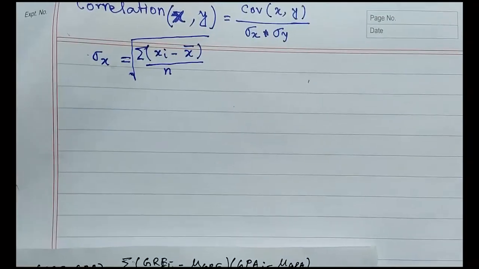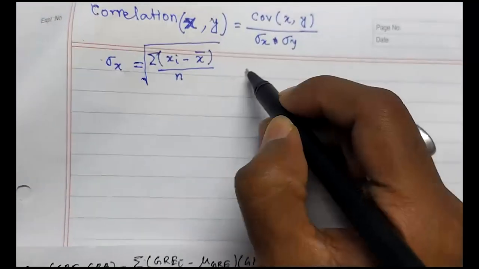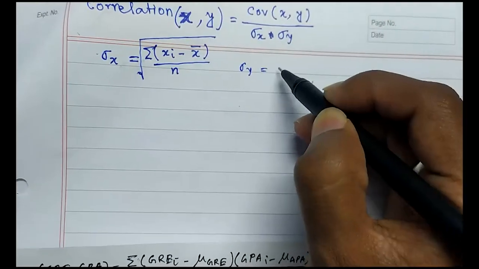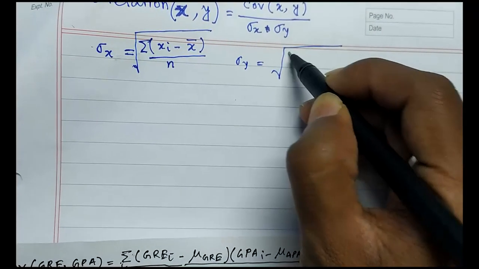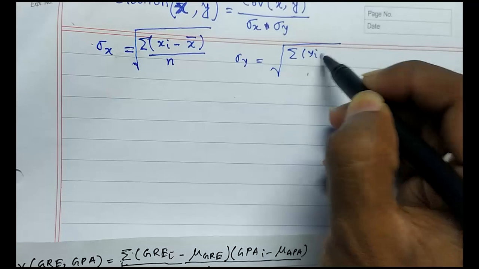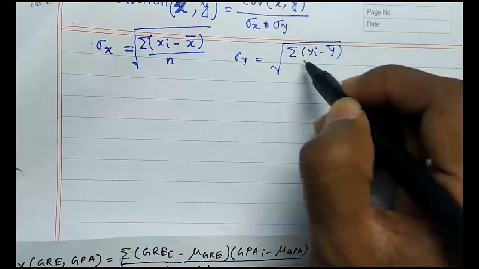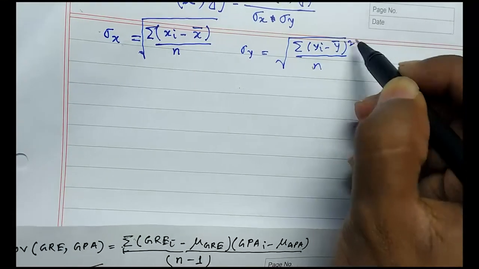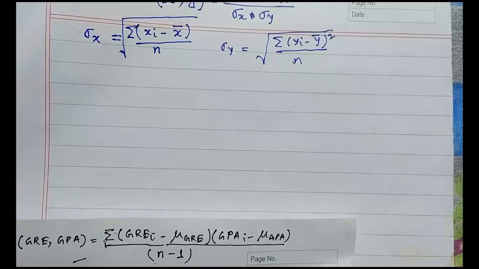So this is the formula for sigma x. Similarly, the formula for sigma y will be the square root of the summation of (yi minus y bar) squared, divided by n. This is the formula for sigma y.